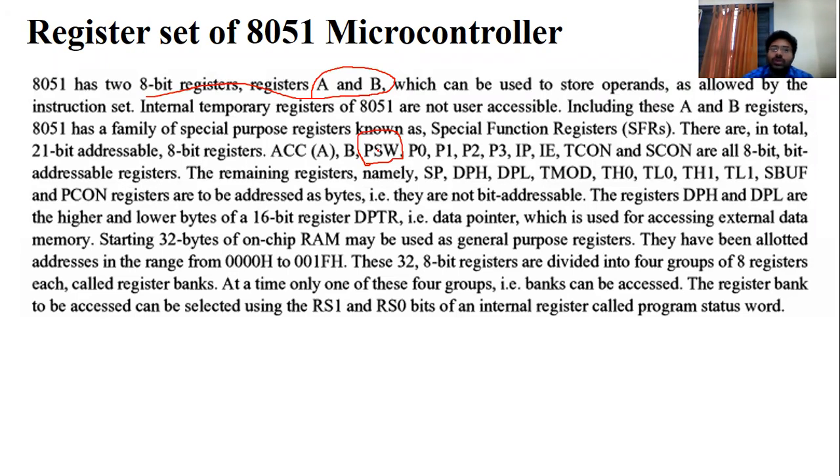You know the different flags: the carry flag, auxiliary carry flag, overflow flag, parity flag, and so on. In the 8086 microprocessor we call this a flag register, but in the 8051 microcontroller we call it the program status word.